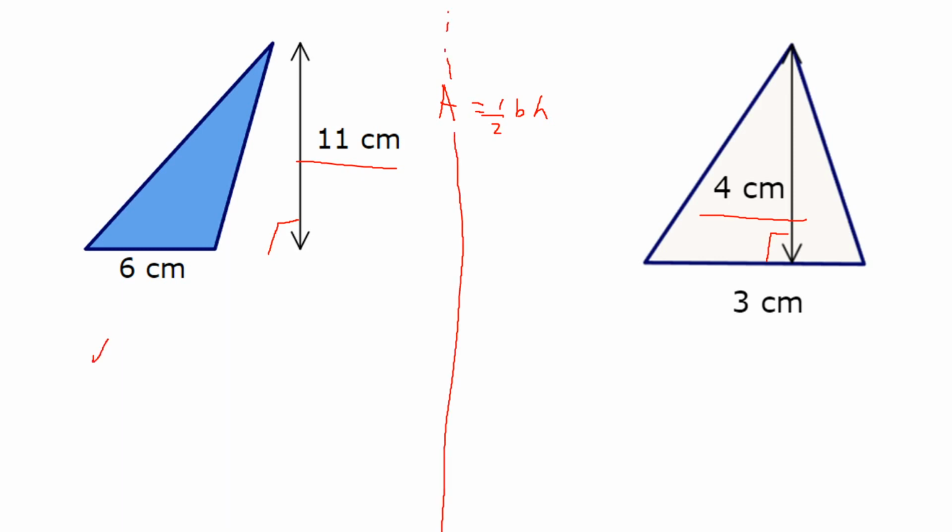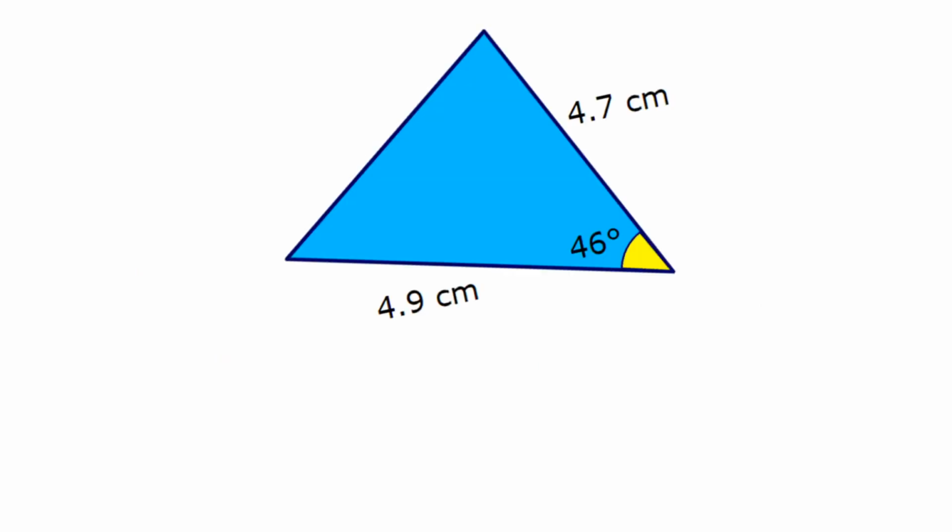For this example, the area is going to be a half times 6 times 11, which is equal to 33 centimeters squared. And for this one, the area is going to be equal to half times 4 times 3, which is equal to 6 centimeters squared.